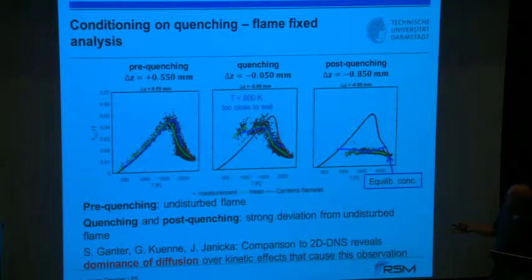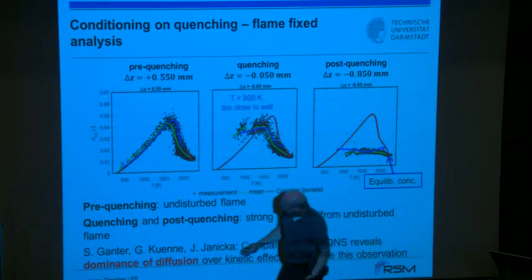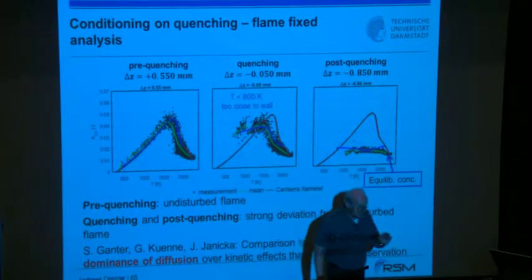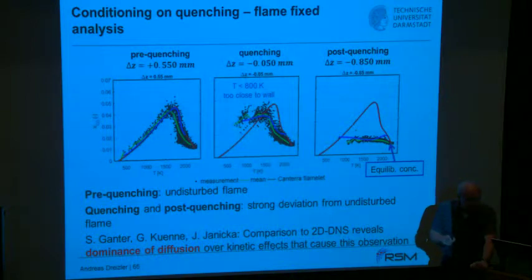And this is shown here in the blue line from the DNS calculations. These calculations follow more or less very closely to what we measure. And now using this DNS shows, similar to what we have estimated experimentally, that the diffusion is the dominant part of this phenomenon.